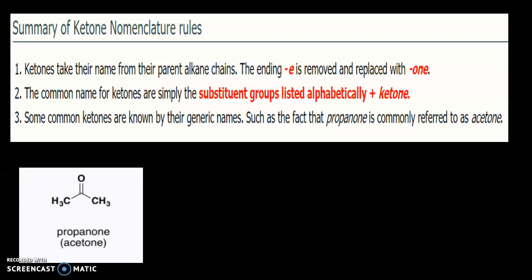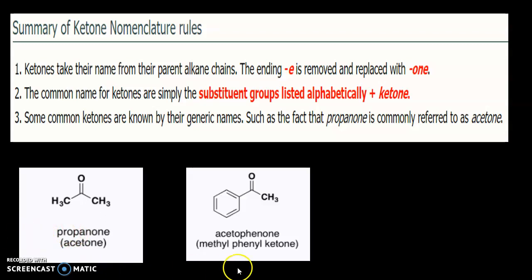In the common name system it is called acetone. I think it is very simple. We'll see some more examples. This is acetophenone, or methyl phenyl ketone. This is an example which you have to remember, because though the IUPAC system exists, the name is acetophenone.